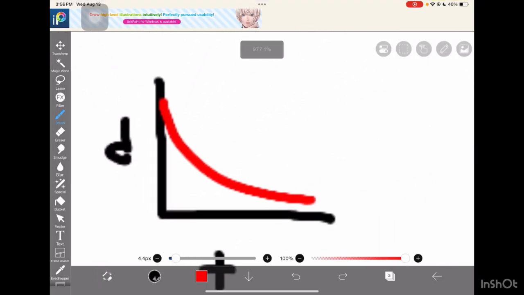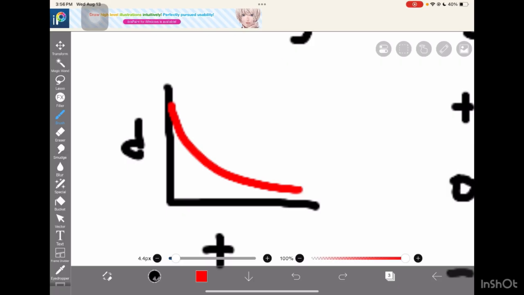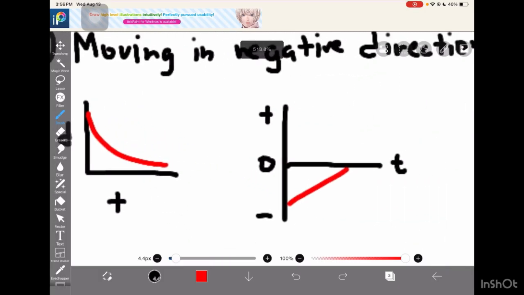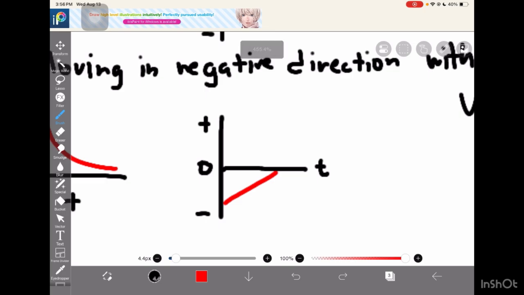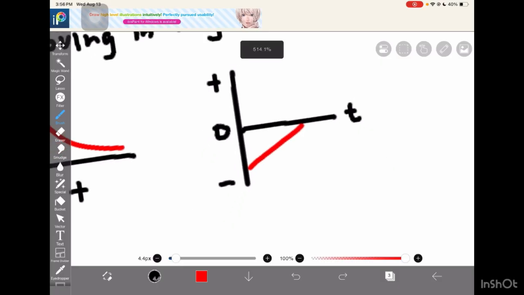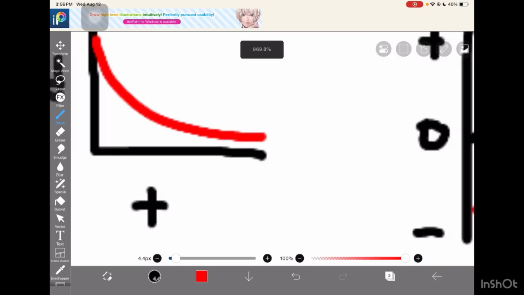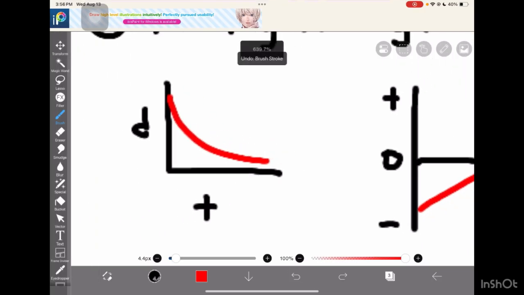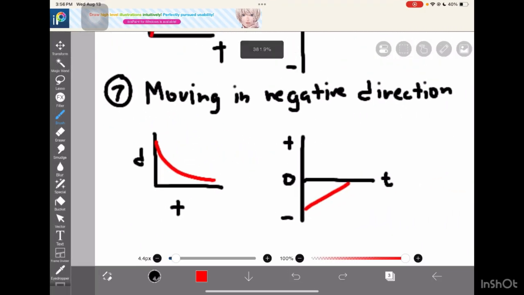So the displacement starts off high, but it goes eventually to 0 because we're moving in a negative direction and we're approaching 0 displacement. Same thing here. Since we're slowing down, we start off at negative, let's say 5, but then it becomes -4, -3, -2, -1, and then hits 0. And hence why the rate is here. So we eventually hit 0 on both sides for this scenario.